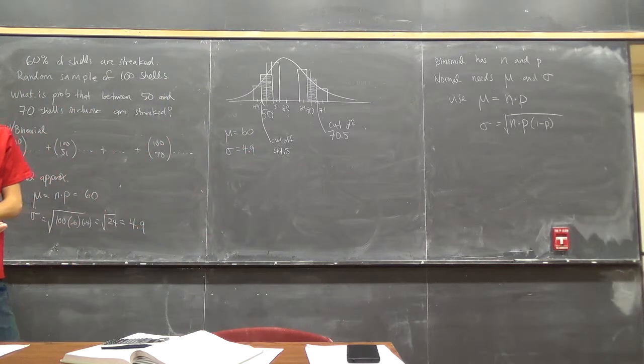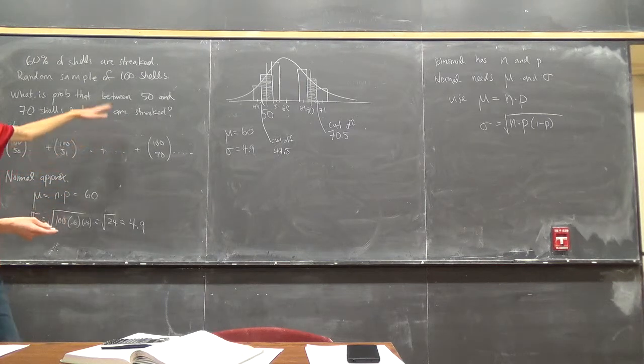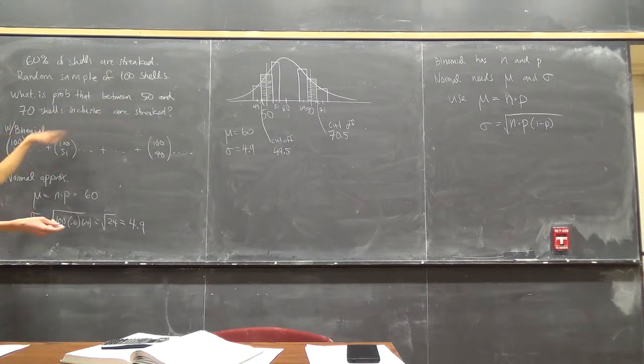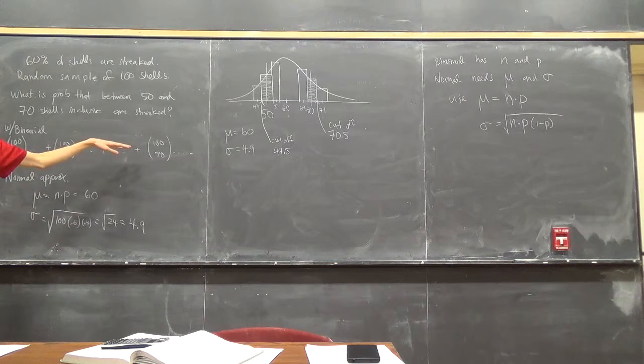Is that 0.5 an actual accurate amount, or is that just compensation? So it's a compensation. Remember, this is an approximation to begin with. We're not actually going through the binomial calculations. If we needed an accurate answer, we should be doing the tedious binomial calculation.